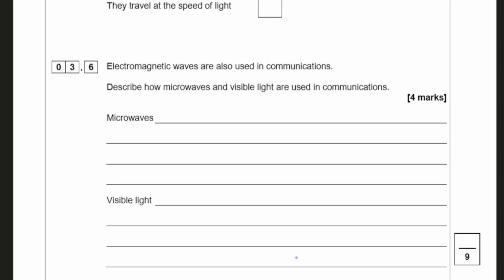Electromagnetic waves are also used in communications. Describe how microwaves and visible light are used in communication. Well, our mobile phones work using microwaves.